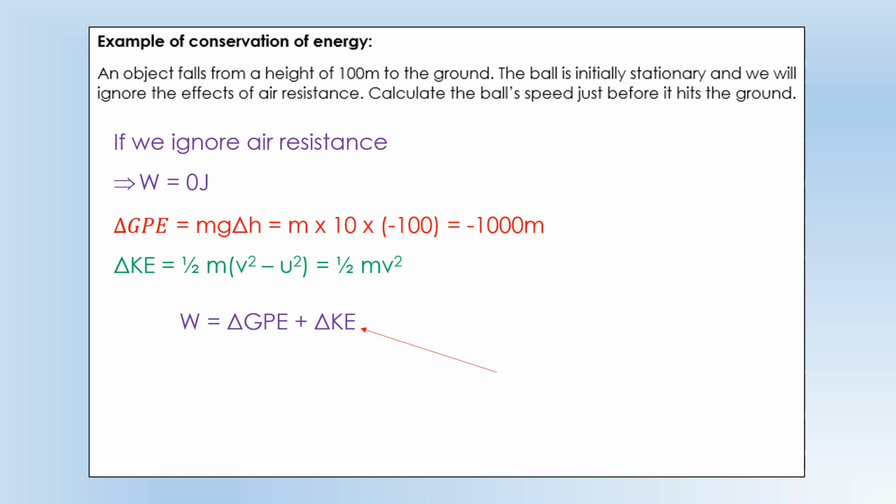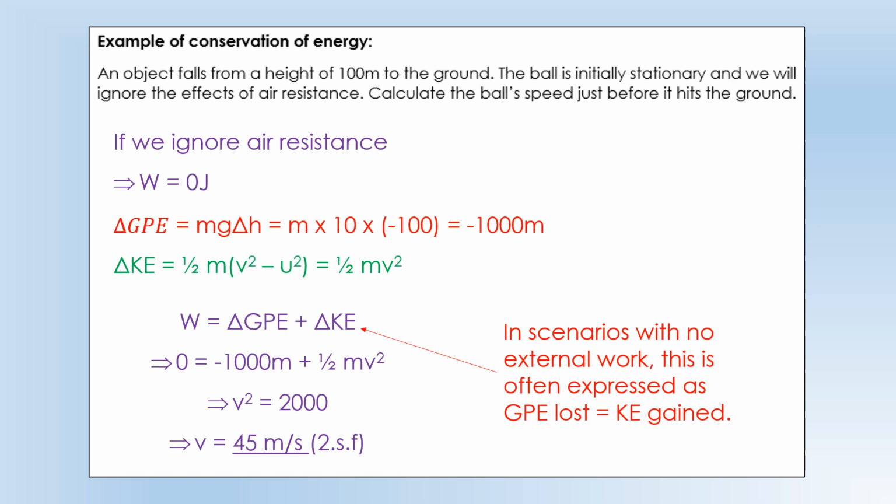So putting that into our conservation of energy expression, we can see that 0 is equal to minus 1000 m plus half mv squared. We can rearrange that, times by 2, divide by m, so you see the mass of the object actually doesn't matter at all, and we get the final speed just before it hits the ground, 45.